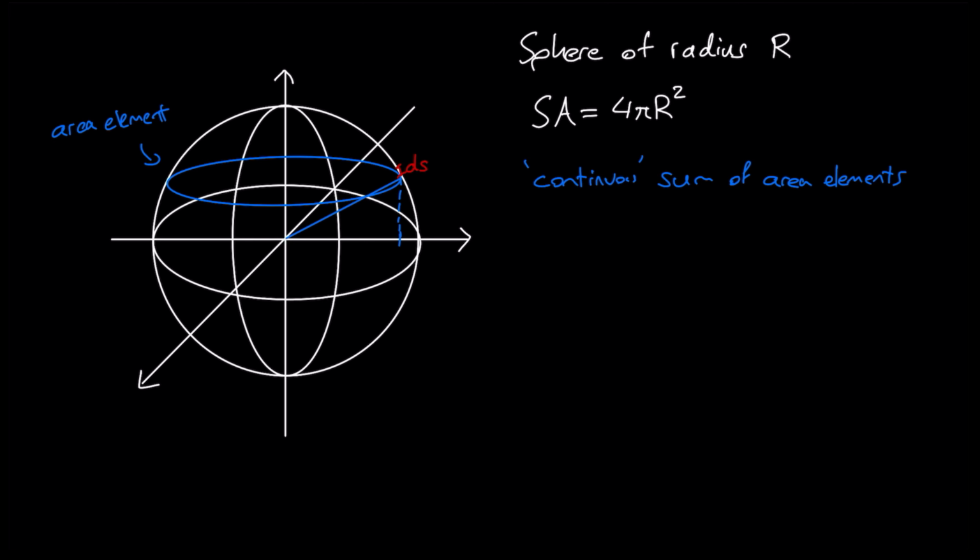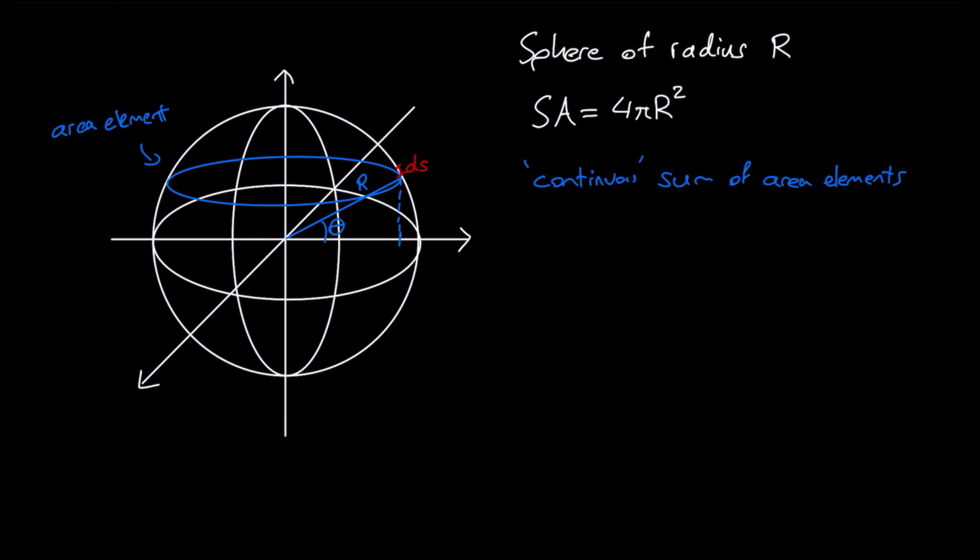So if I consider this triangle I've broken down, going from the center of the sphere to any point where my area element is, and I consider that it makes this angle theta with the horizontal axis, the hypotenuse of this triangle is capital R because that's the radius of the sphere.